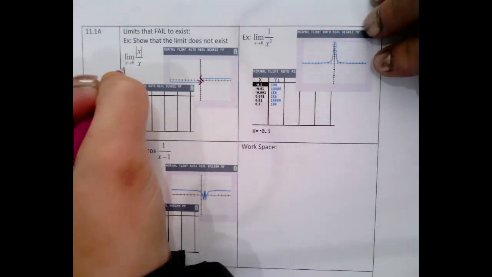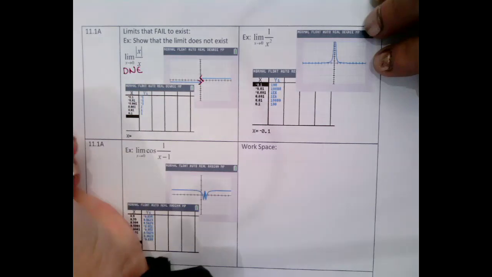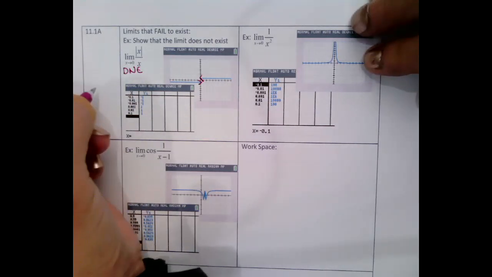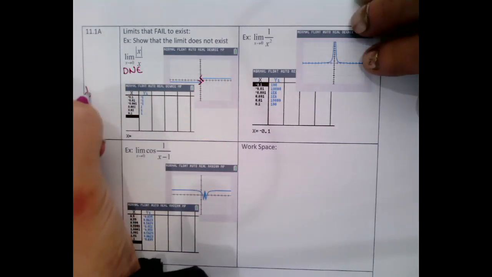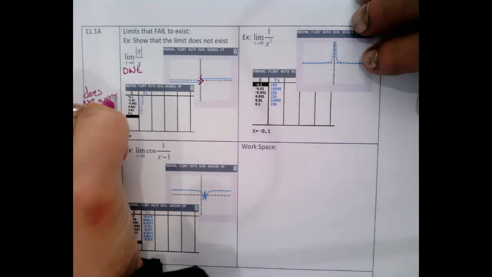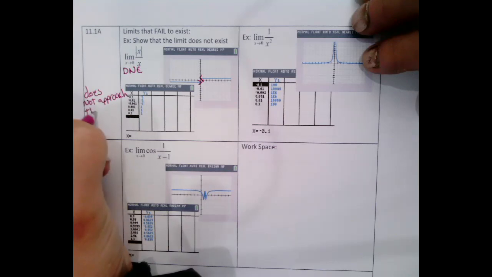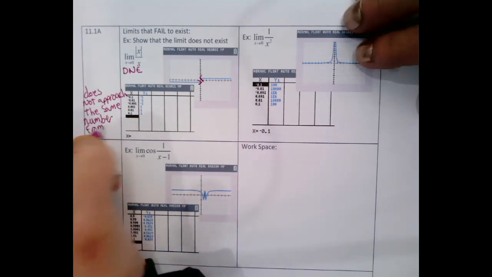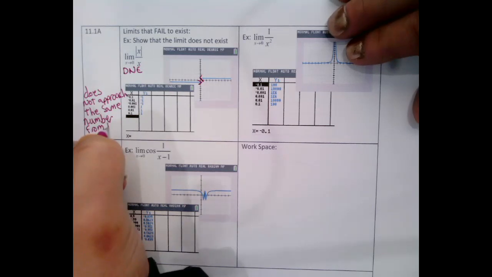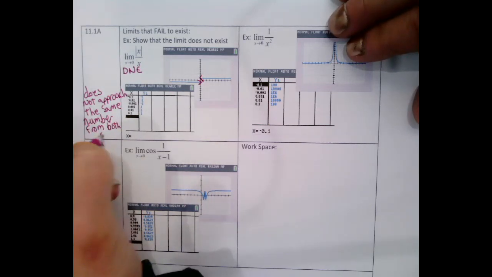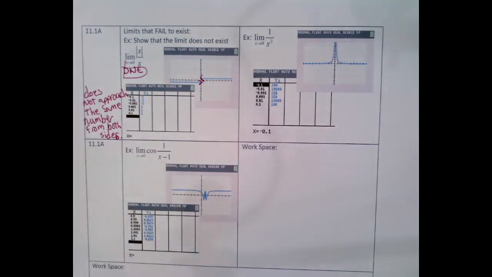Well, this one does not exist, and the reason is it does not approach the same number from both sides. It has to approach the same number from both sides, otherwise it DNE, does not exist.